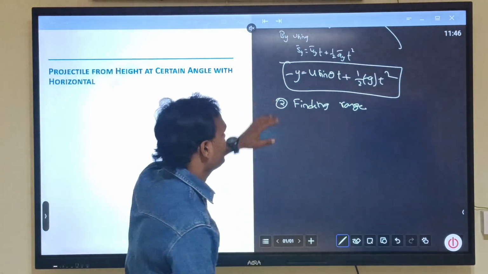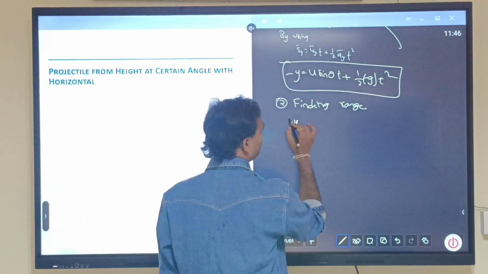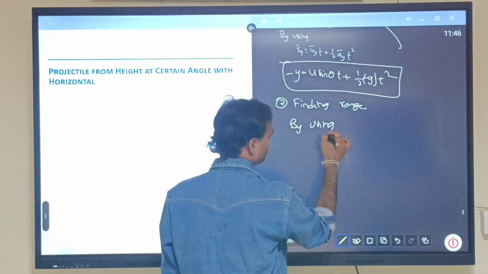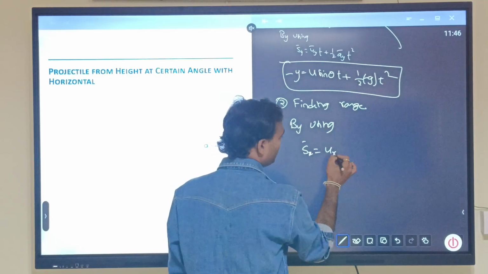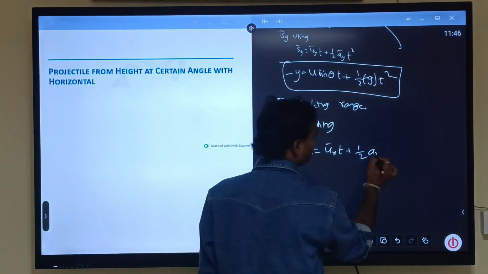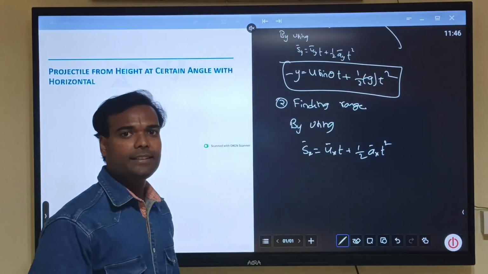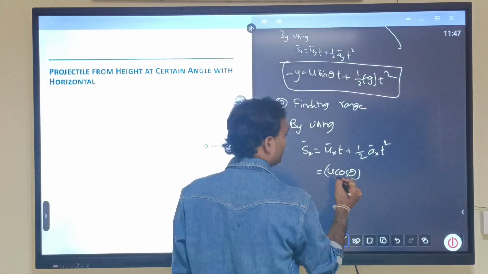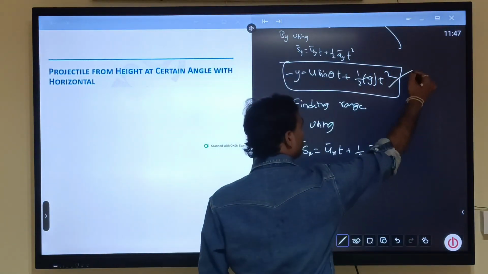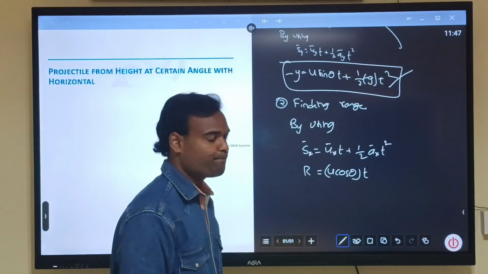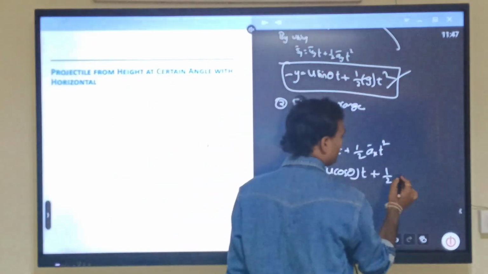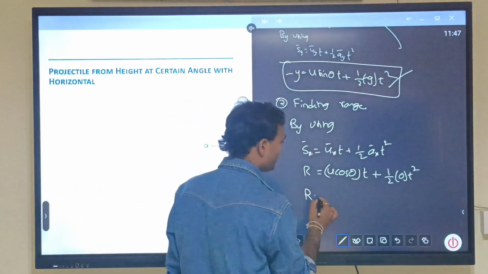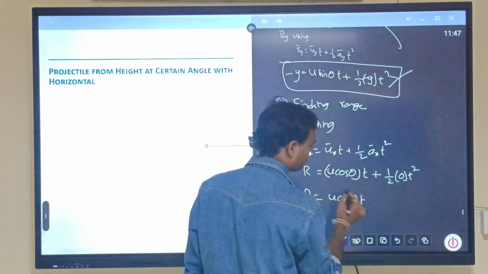For finding the range, we use sx = ux t + half ax t square. Here ux means u cos theta into the time value, which we will find from the previous equation and substitute here, plus half into 0 into t square. Then the range R is equal to u cos theta into t.